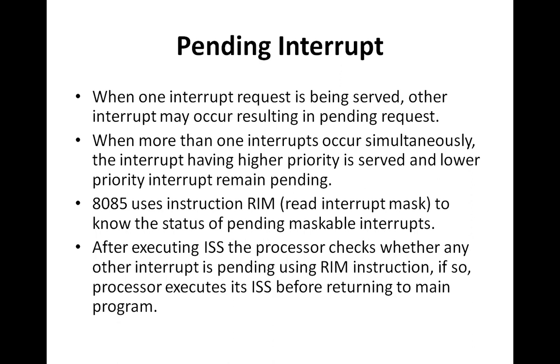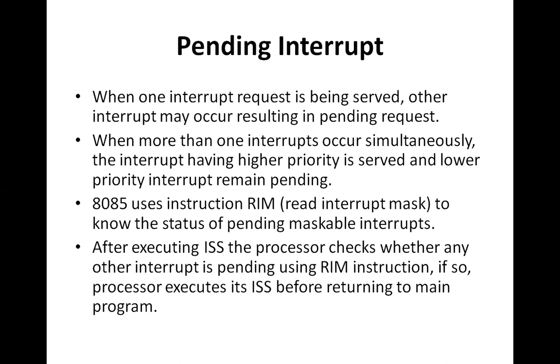As 8085 contains several interrupt lines, we have 5 interrupt lines in 8085. So it may be possible that an interrupt may occur while another interrupt is being served, resulting in a pending interrupt. This possibility arises in 8085 because many interrupt lines are available.